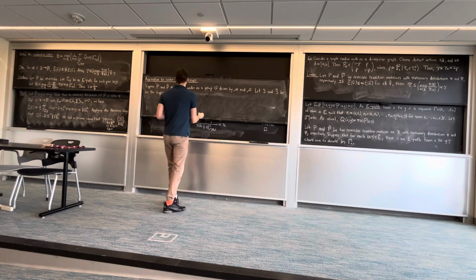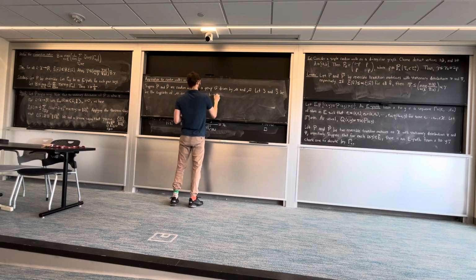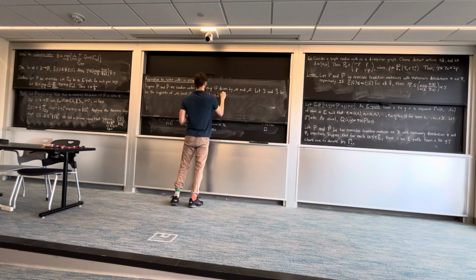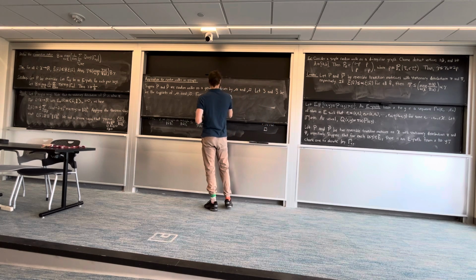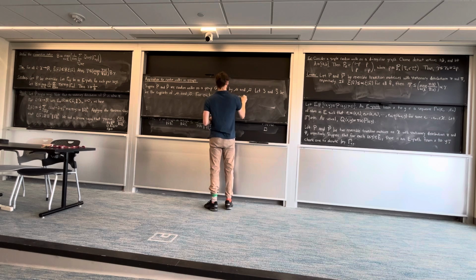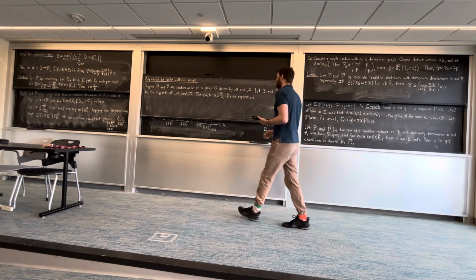Okay, now for each element A in the support of mu tilde, so for each A in S tilde, let's fix an expression for A written as a product of things in S.